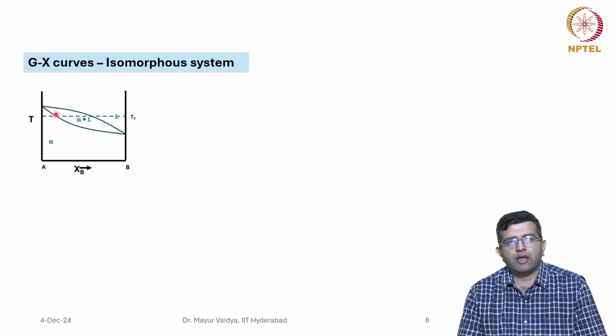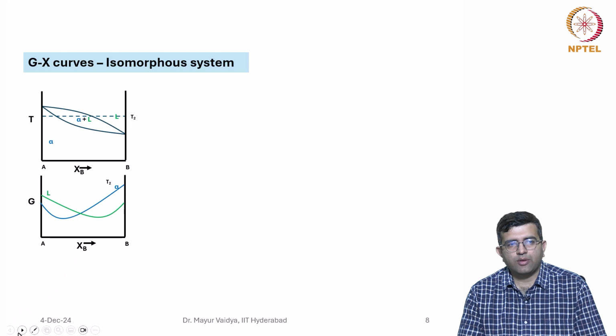You can see that up to this point there is a single phase alpha, then alpha plus L, followed by liquid. This is how the free energy curve looks, and you draw a common tangent here. This is the C alpha equilibrium and C liquid equilibrium. These are the points represented on the phase diagram also.